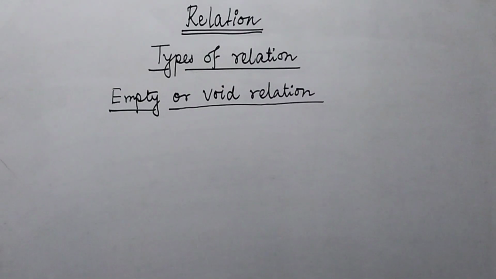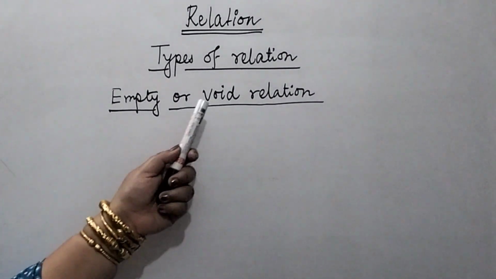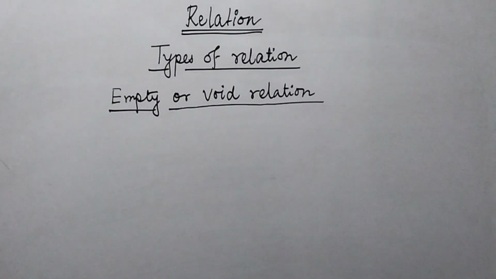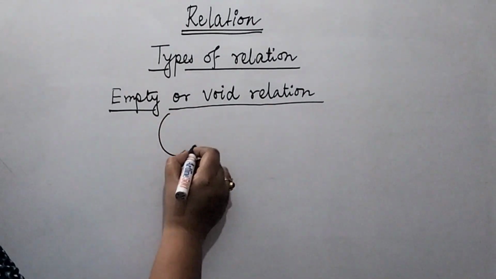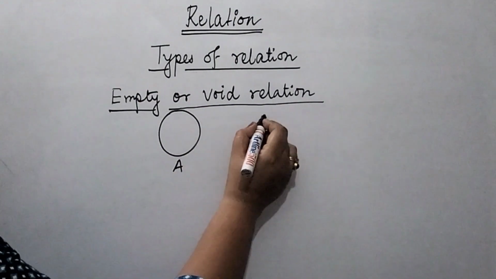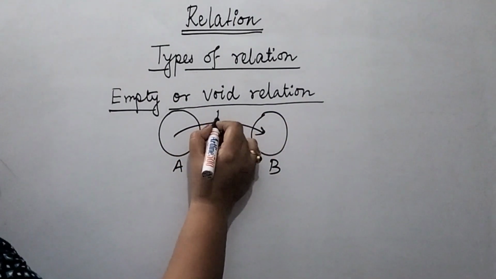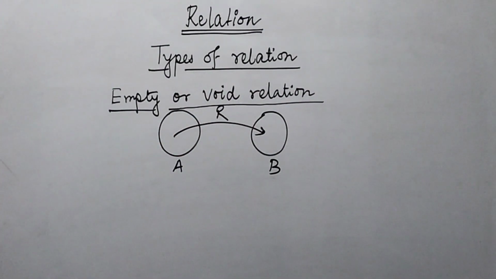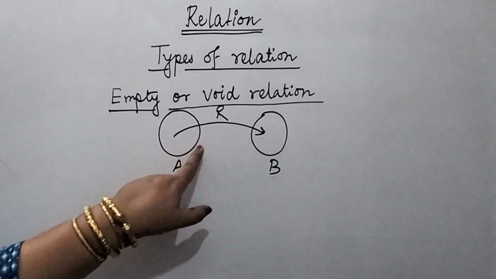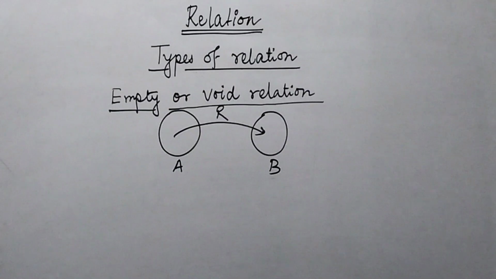Now let's consider another type of relation, that is empty or void relation. Now when a relation is said to be empty or void, let's explain it. Suppose I am considering two non-empty sets A and B, and I am defining a relation R from A to B. Then we know that R will be a subset of A cross B, right?